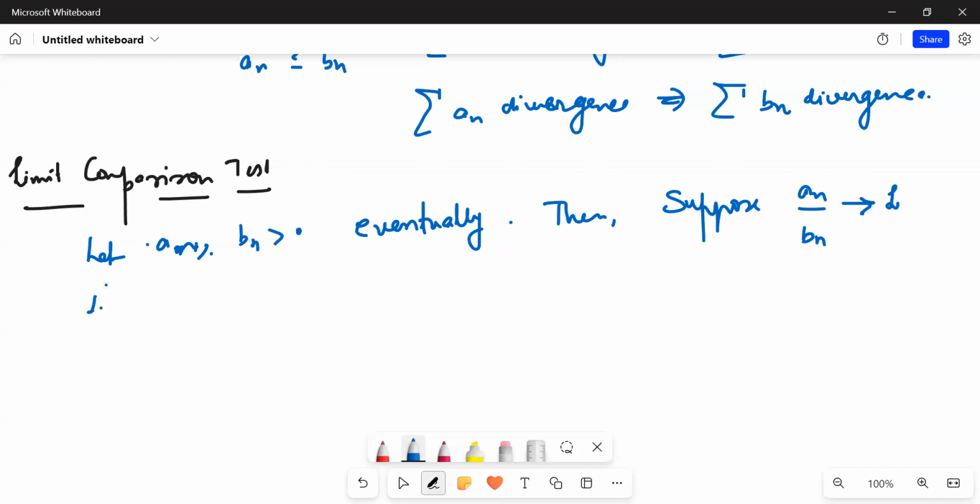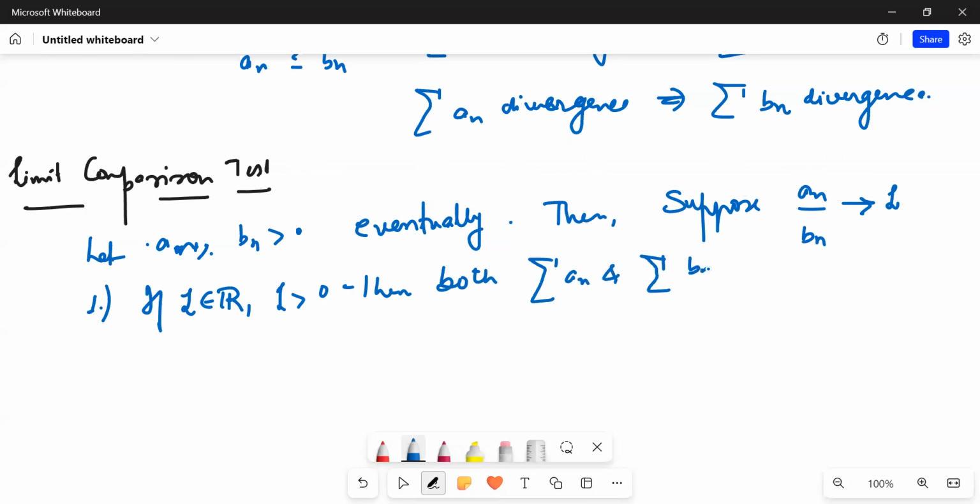And if L belongs to R and L is greater than 0, then both summation an and summation bn converge or diverge together.